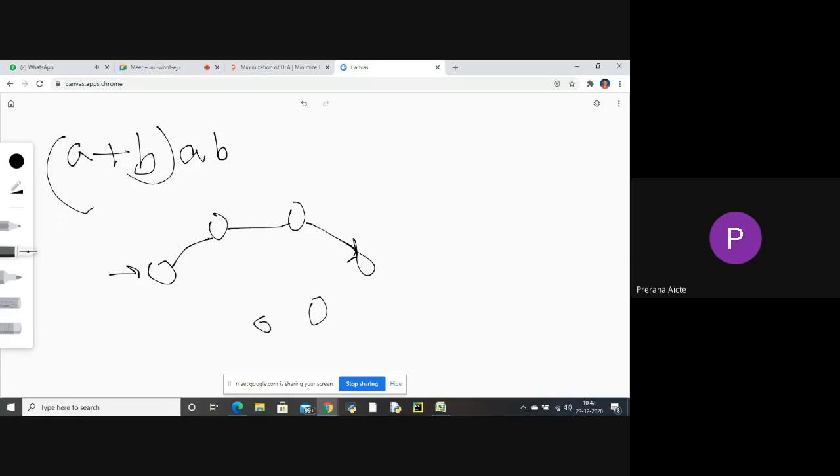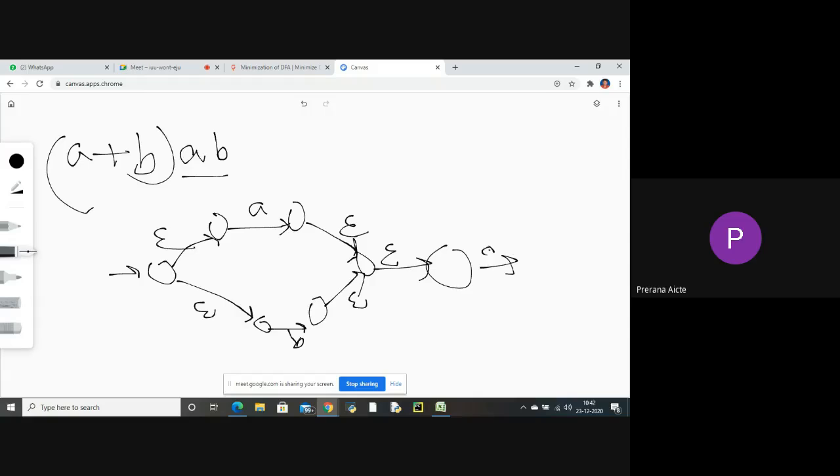So here epsilon, epsilon, A, B, epsilon, epsilon, and we need to add these two more characters here. So it is A, it is B.